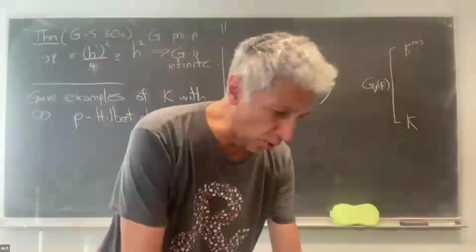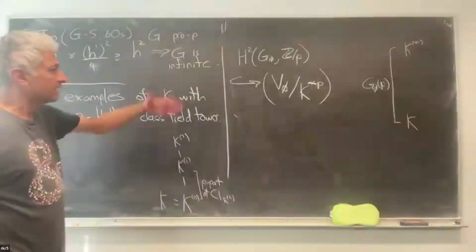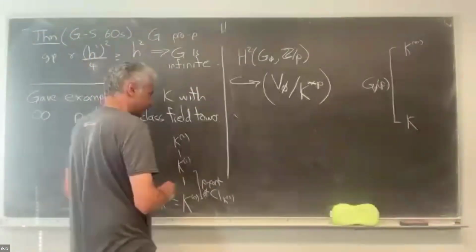So one obvious thing when you look at this theorem is that the tower is uncontrolled.